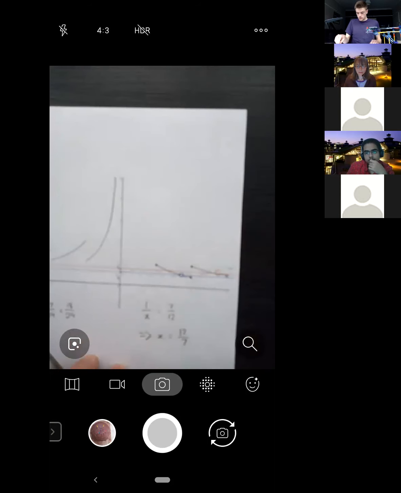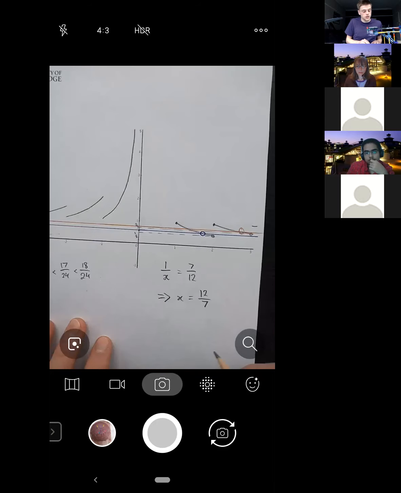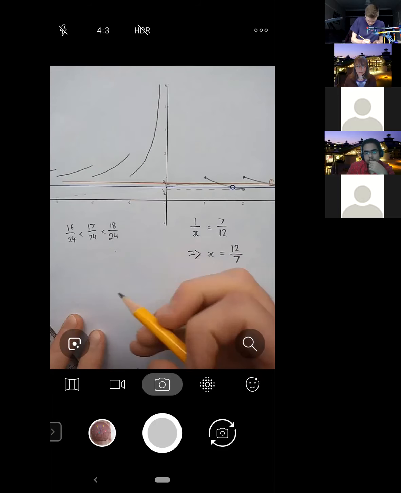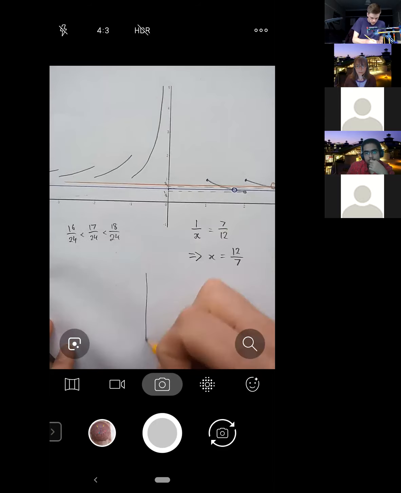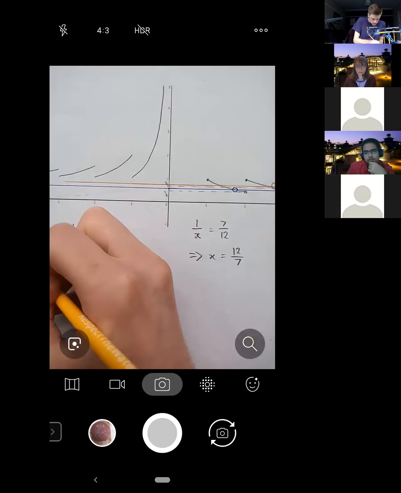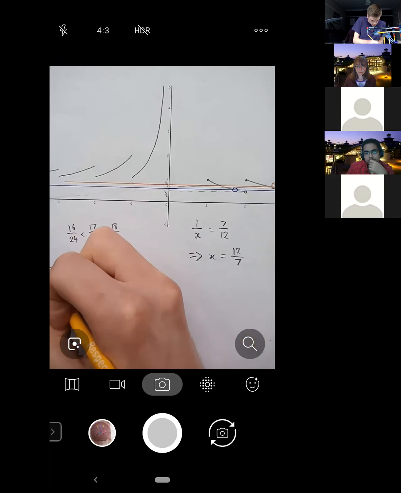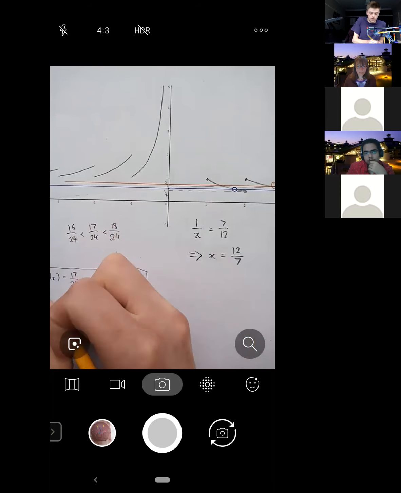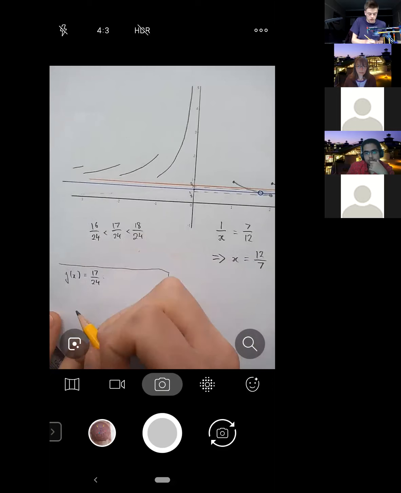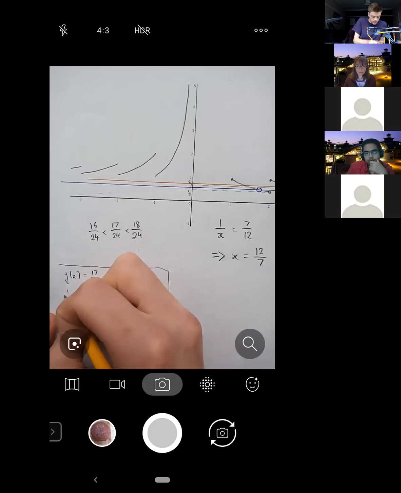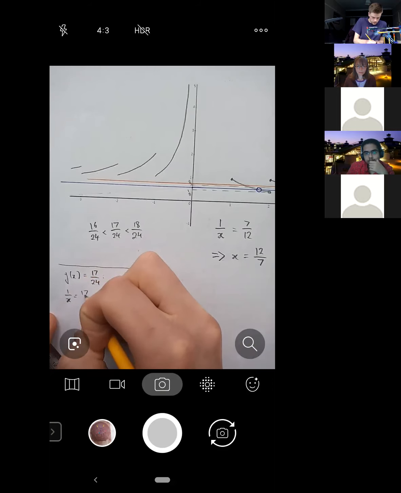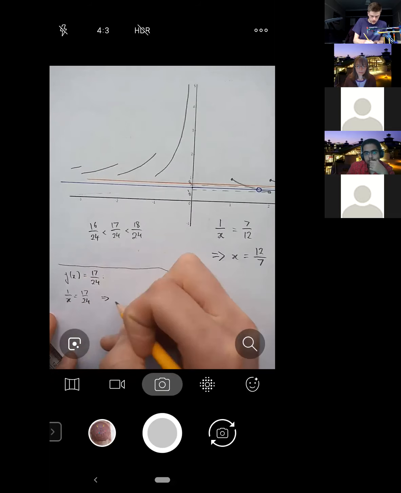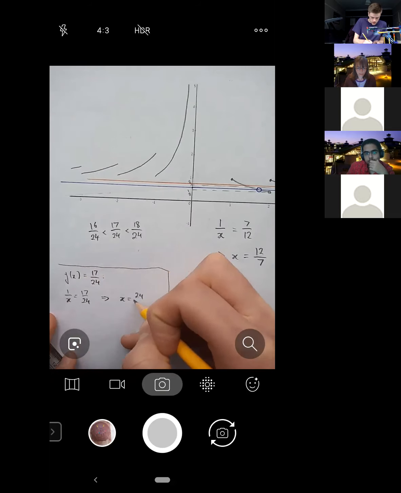And now we need to solve it for both of those ranges. So I'll divide my page up here a little bit. So for f of x, we've got two possible solutions where 1 over x is 17 over 24, getting us x is 24 over 17.